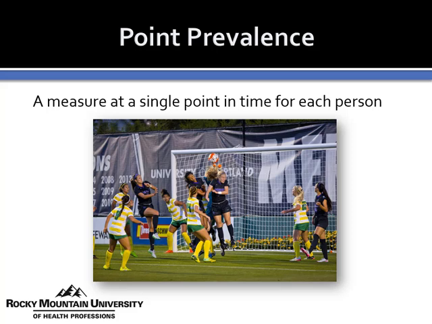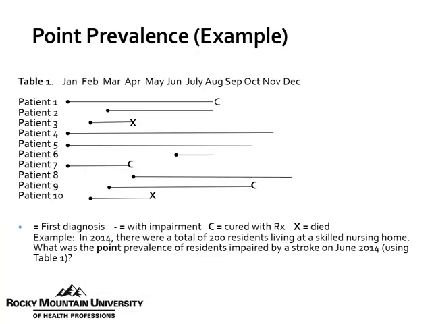So point prevalence, again, that's a measure at a single point in time for each person. So a little example here. There are 200 individuals, 200 residents living in a skilled nursing home.